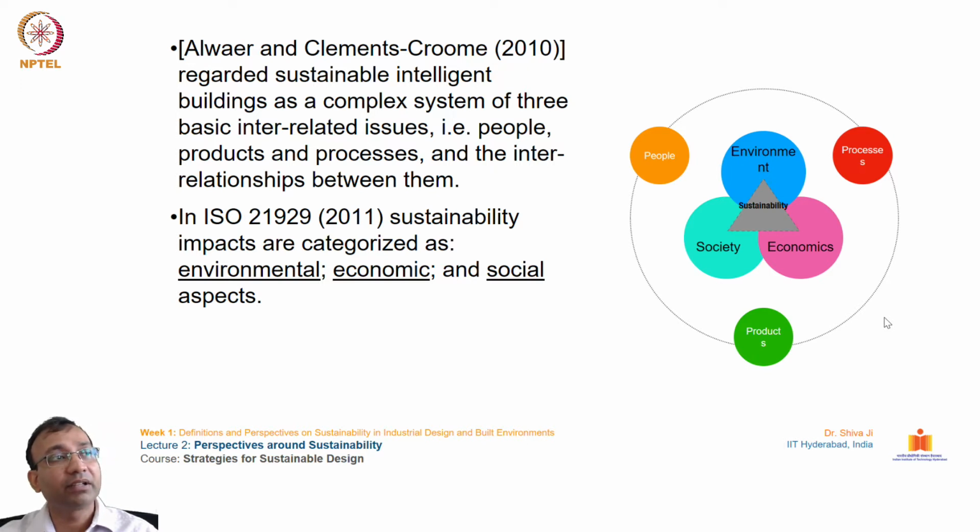Here Alvar and Clement Ekroon regard the sustainable intelligent building as a complex system of three basic interrelated issues: people, products and processes, and the interrelationship between them. Here you can see the ESE aspects of sustainability spreading out, and people, processes and products are part of this whole ecosystem, encompassing it, because anything and everything can be associated with these three.